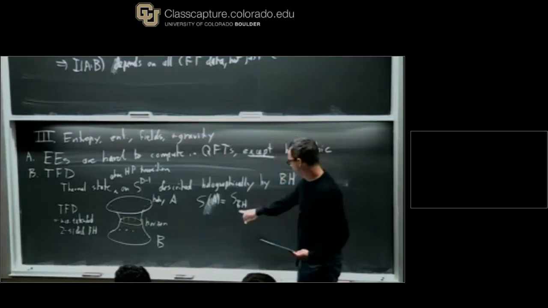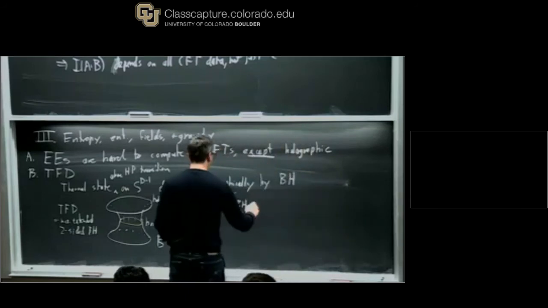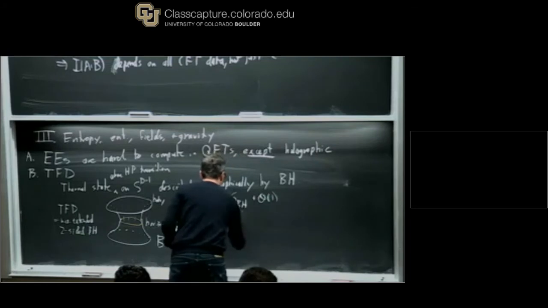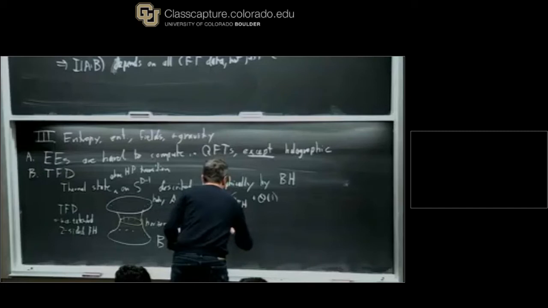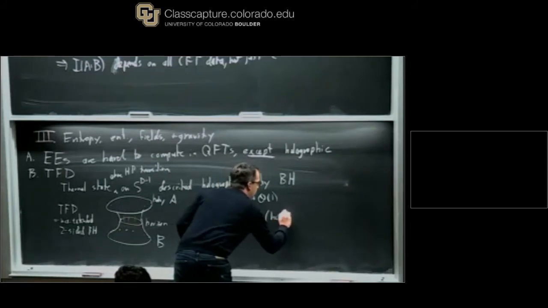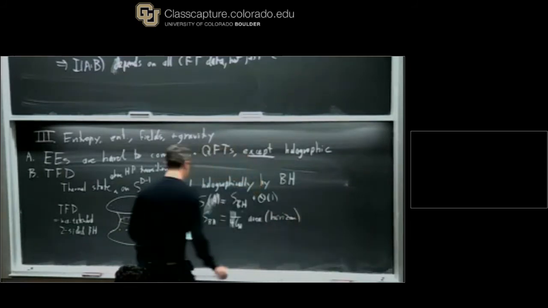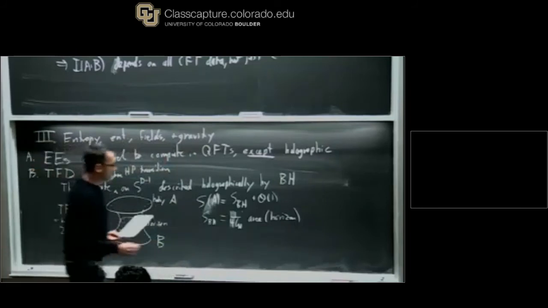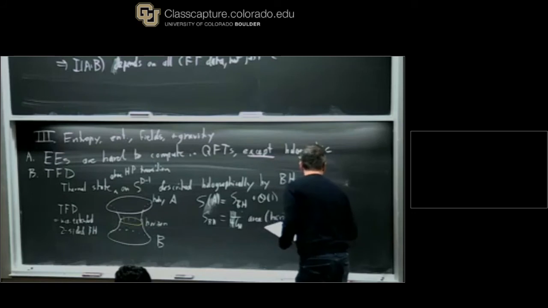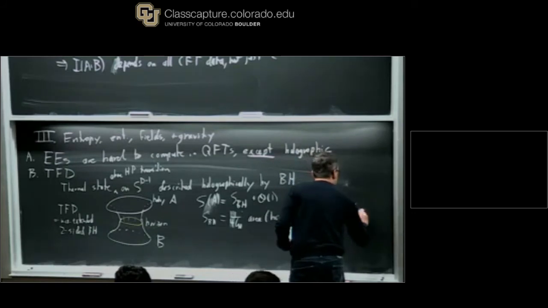This is a black hole. Plus order 1 corrections, where the Bekenstein-Hawking entropy is the 1 over 4 G Newton times the area of the horizon, as you all know, which is itself order, in field theory units, N squared, or order c.